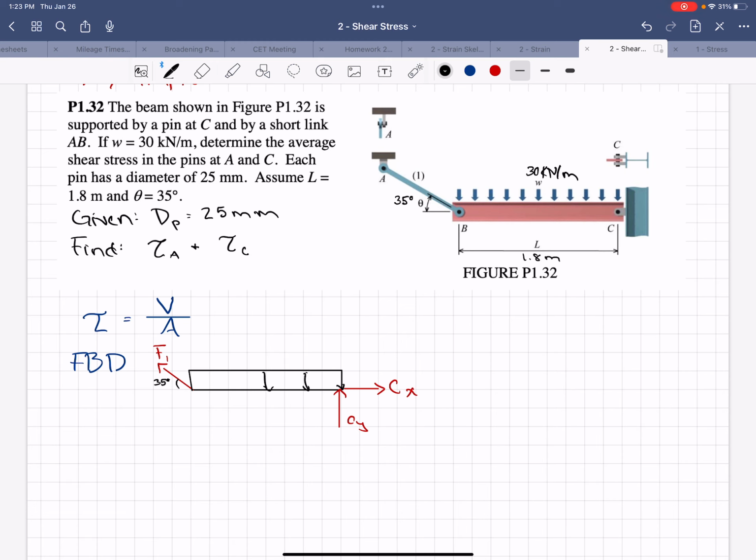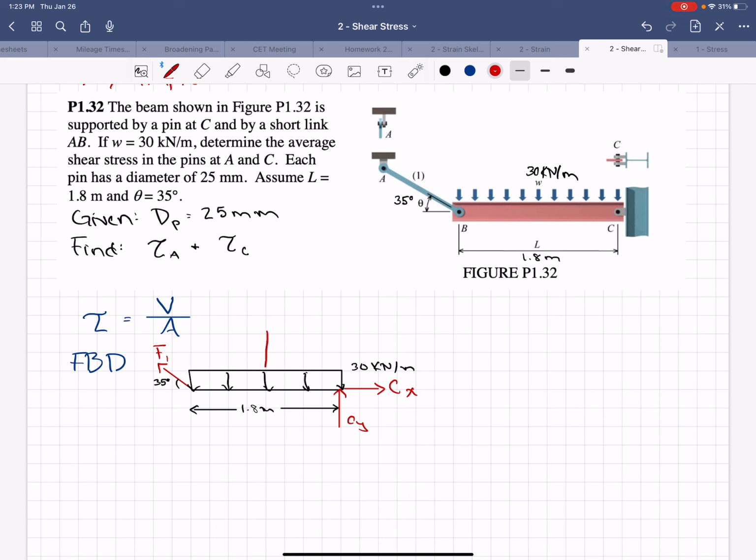And that is 30 kilonewtons per meter for a total of 1.8 meters. So I'm going to turn that distributed load into a point load to calculate my reactions.